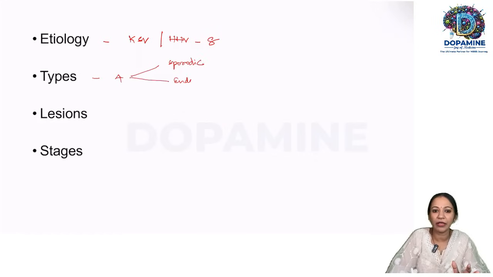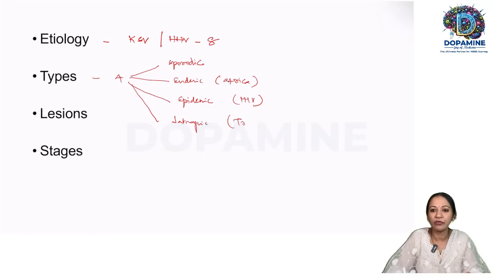We have endemic, seen mainly in Africa. We have epidemic type, seen in people with HIV. Followed by the 4th type, which is iatrogenic, seen in transplant patients. So these are all the 4 types of Kaposi sarcoma.